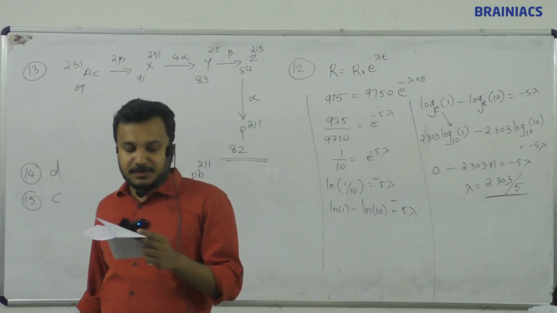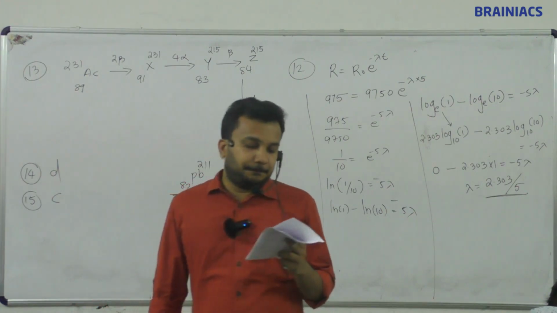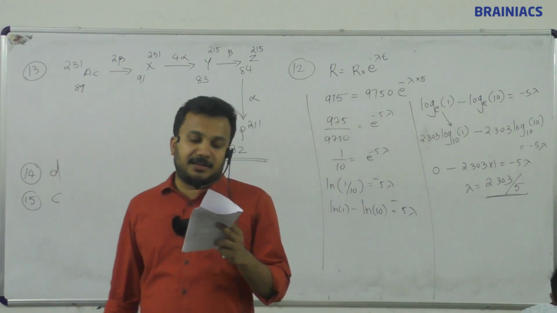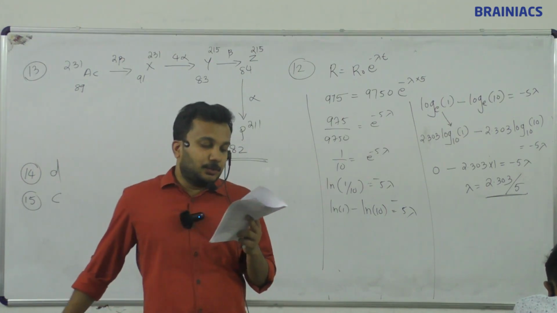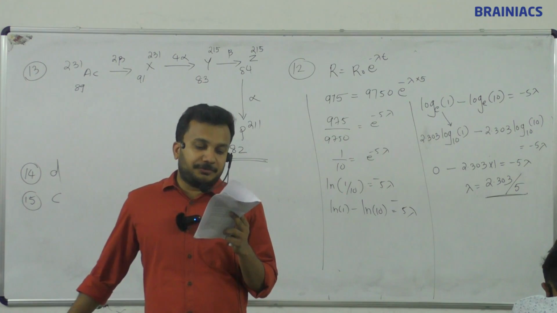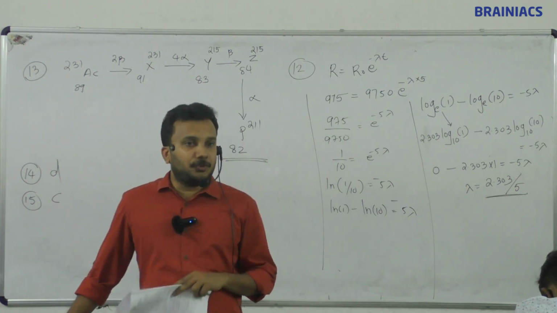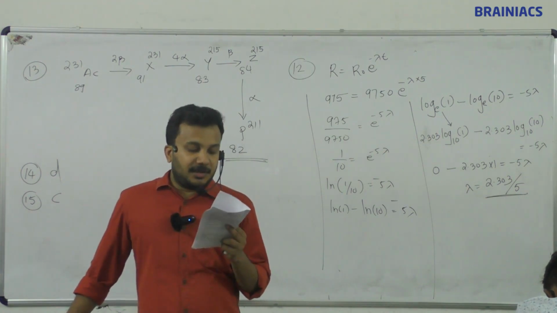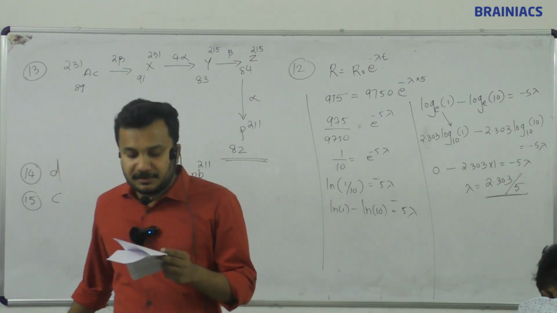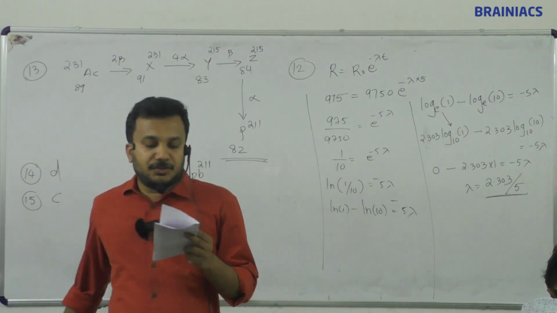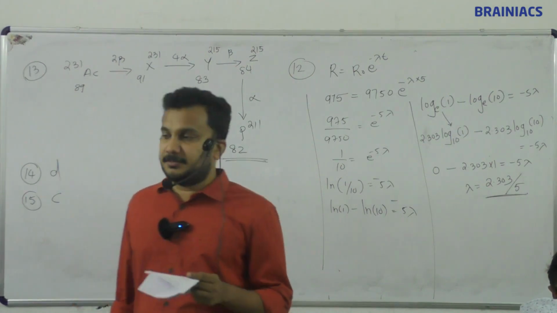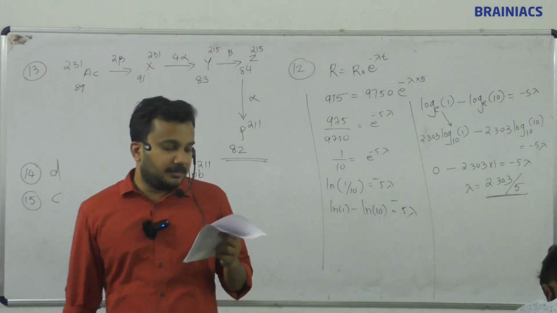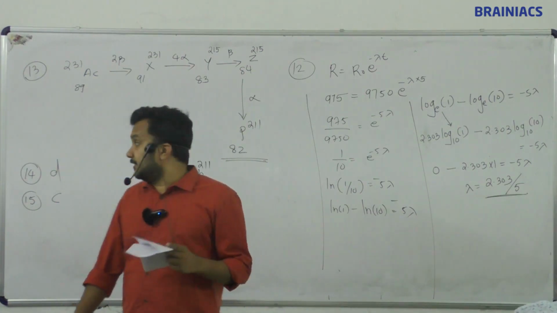In the 15th question you can add that the nuclear binding energy of the isotope is in magnitude. Then the sign doesn't matter. Okay, we'll go to the 16th one.